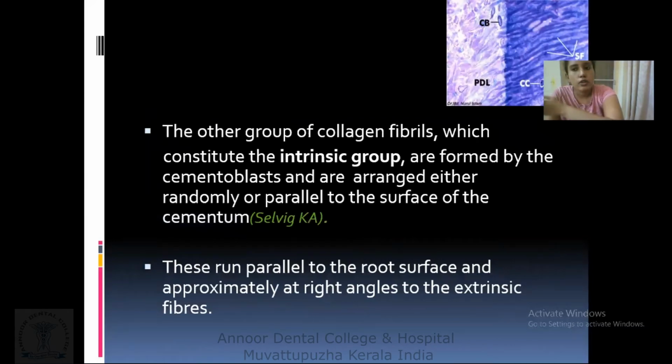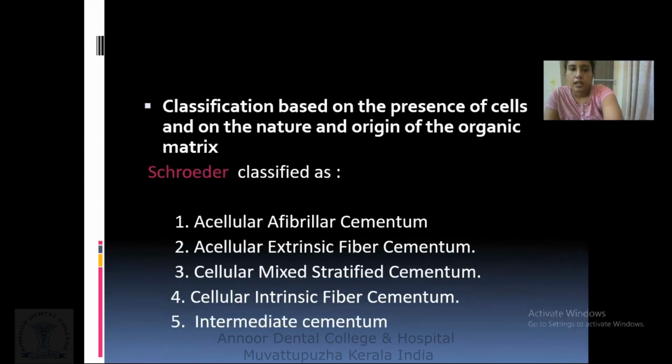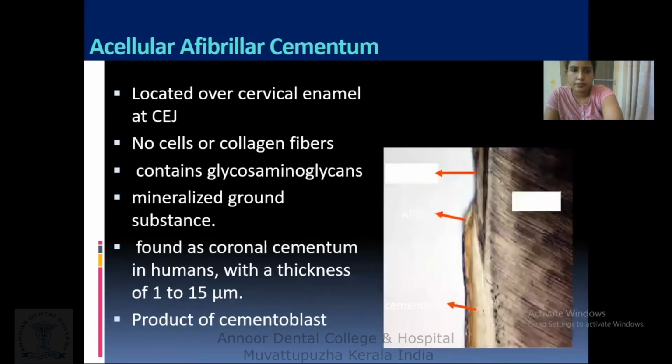Now, the second group is the intrinsic group. The intrinsic group is mainly formed by the cementoblasts, and these are arranged randomly or parallel to the surface of the cementum. Now, coming on to our classification, the first one is the acellular afibrillar cementum.